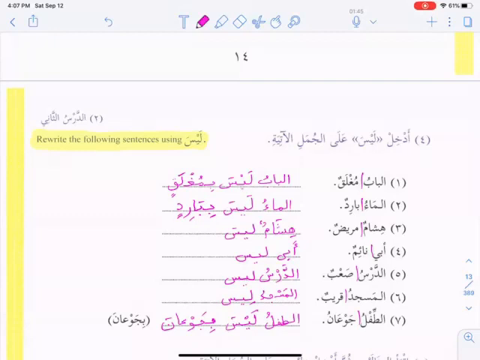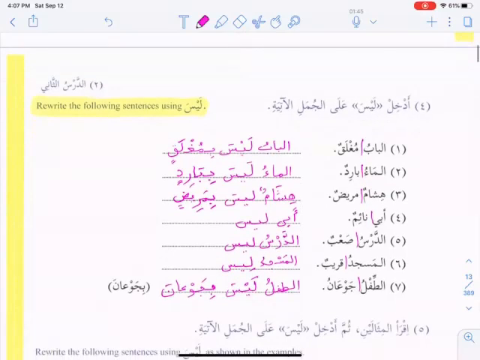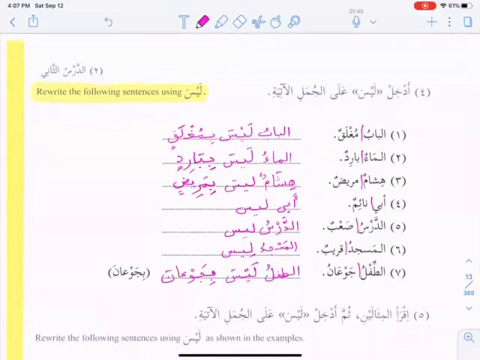So this is an easy exercise, only laysa. Okay. And then, Abi naimun. My father is sleeping. No, you want to say my father is not sleeping. Abi laysa bi naimin.